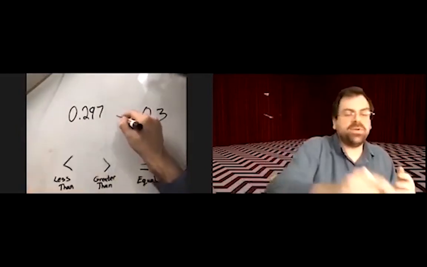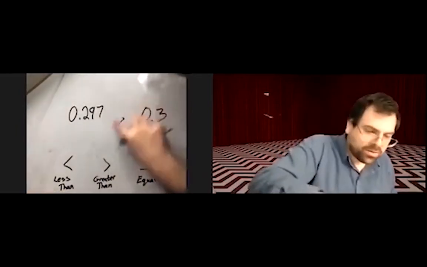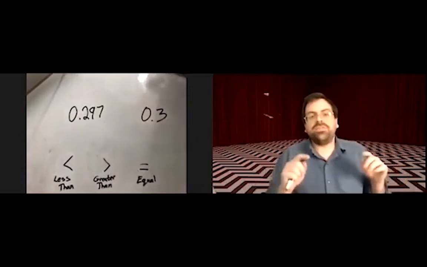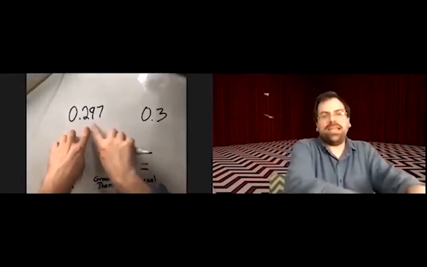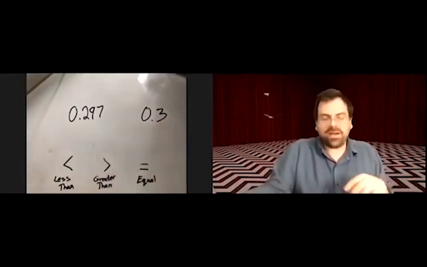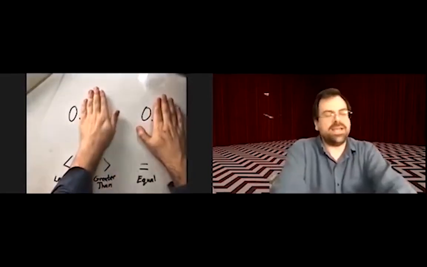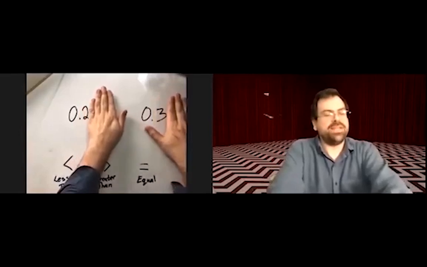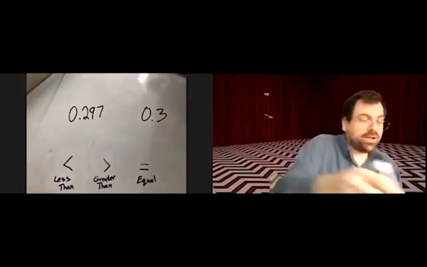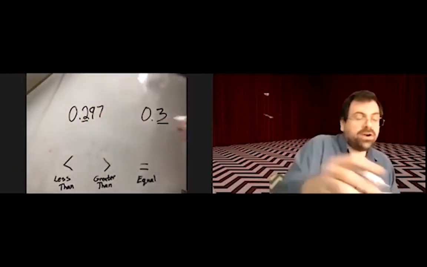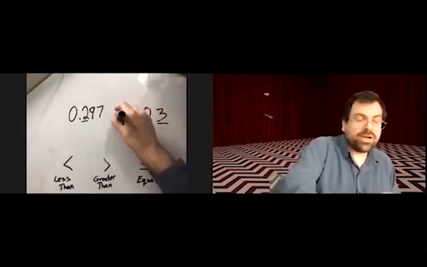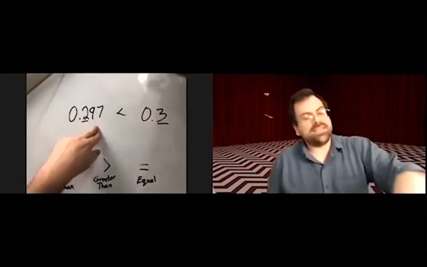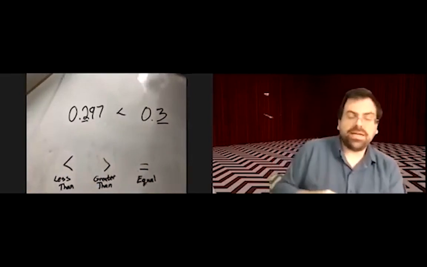This one must be greater than, but that would be wrong. Because remember, we have to go digit by digit. It doesn't matter how many we have. What matters is the zeros are the same. The first number that's different is this 2 and this 3. That is what we compare. 2 is less than 3. So 0.297 is less than 0.3.